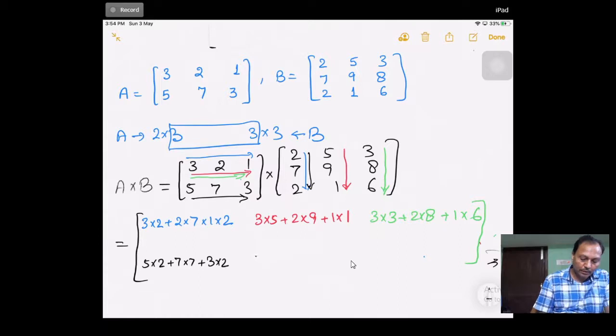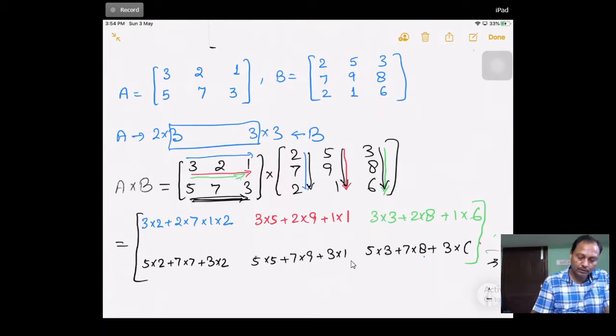Now second row multiplying with second column: 5 into 5, 7 into 9, 3 into 1. Then second row multiplying with third column: 5 into 3 plus 7 into 8 plus 3 into 6.